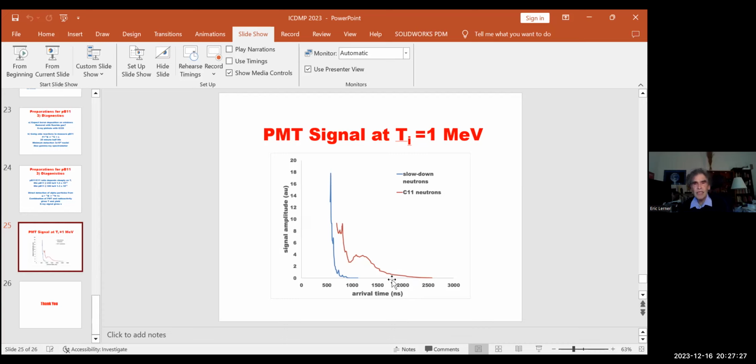So that's what we expect to do once we get the boron going.